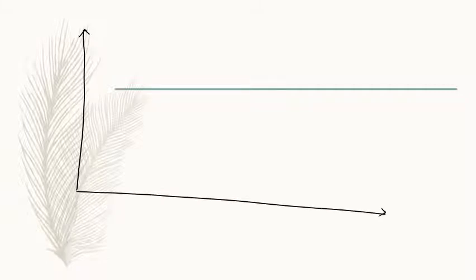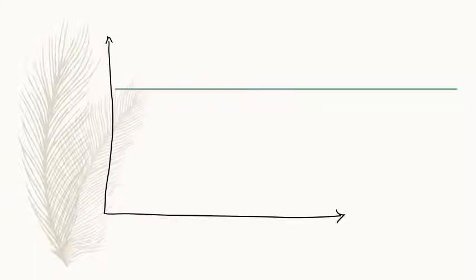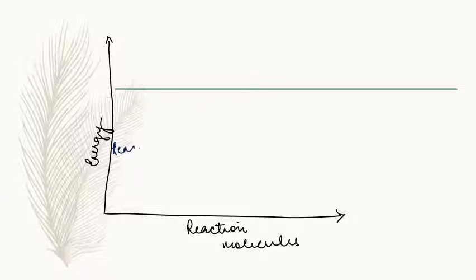And if we draw the graph here, just a minute, this is what we call energy, and this is the reaction molecules, and this is say reactant, and this is say product.